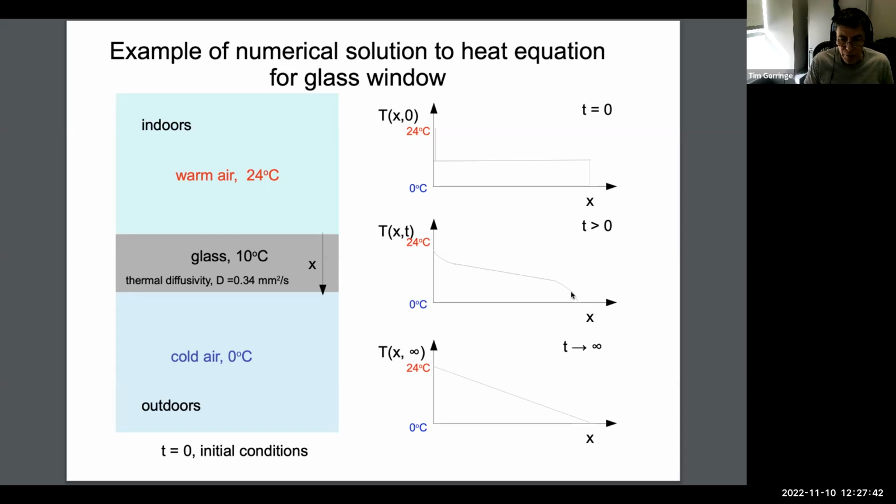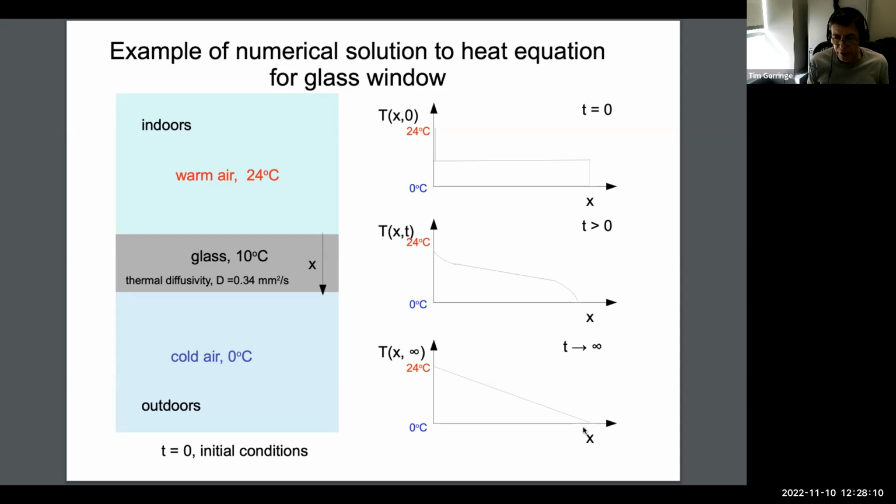And with time, we would expect this flow of heat through the glass to continue, and ultimately you get a steady state, where the temperature gradient through the glass is just a constant gradient from the warm 24 degrees inside to the 0 degrees outside.